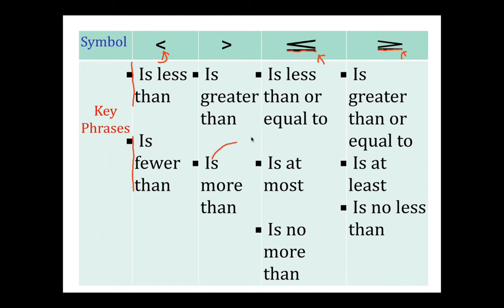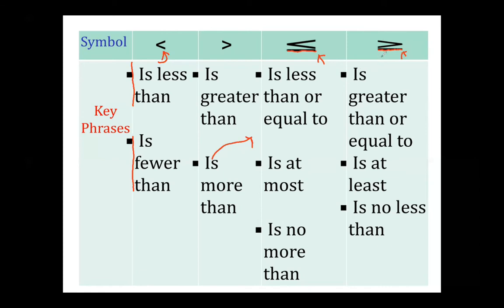And for less than or equal to, you're going to have less than or equal to. You can also have at most or no more than. So if something is less than or equal to a certain value, it can be at most that value, or it could be no more than that value.